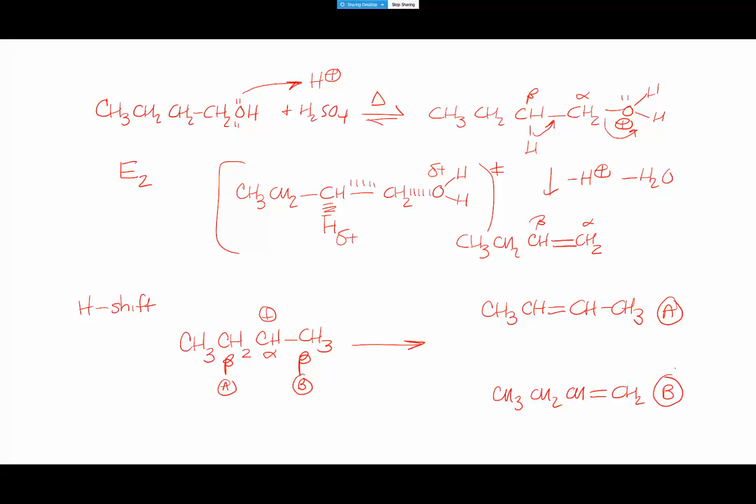Or would it be that one losing the H plus off carbon B? Or would it be C, 50-50?